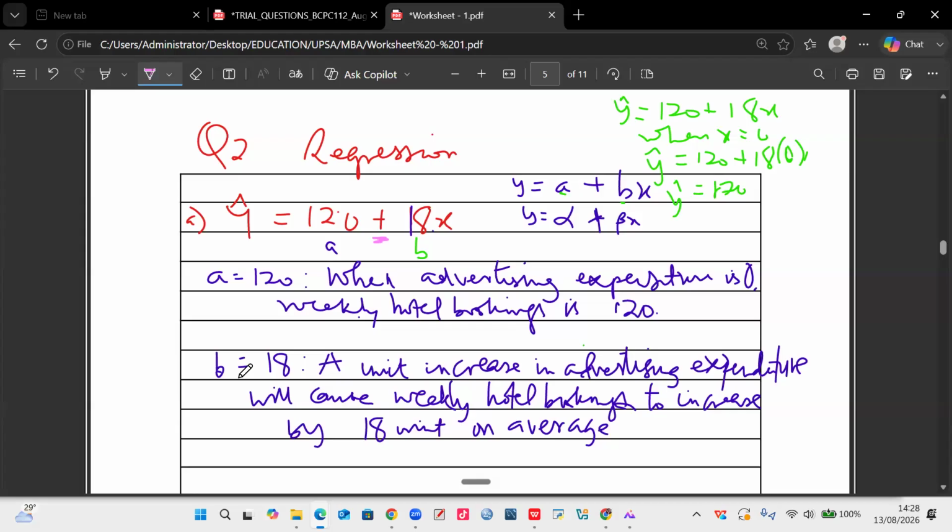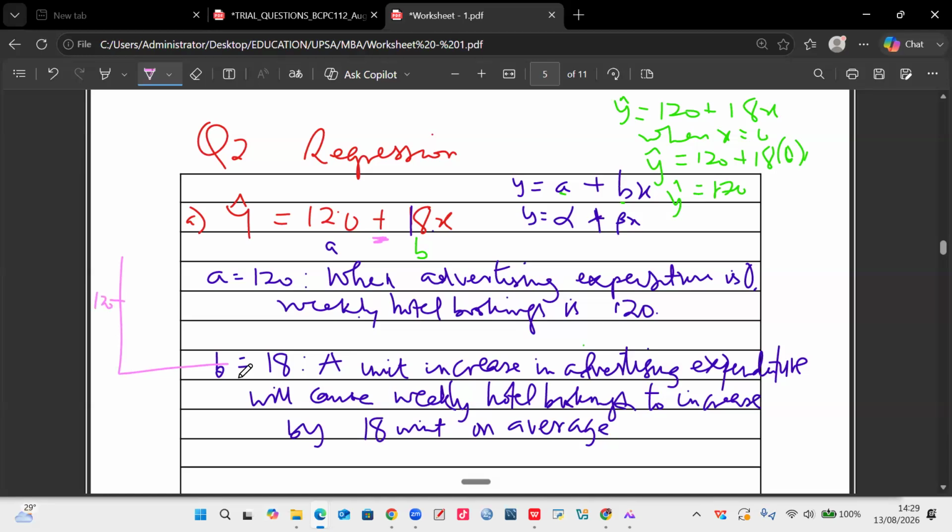Intercept is the point at which the curve crosses the y-axis. Meaning you have to make the x 0. Why should we even make the x 0? Watch here. If you want to find the value where the curve touches the y-axis, let's say it's 120 here.